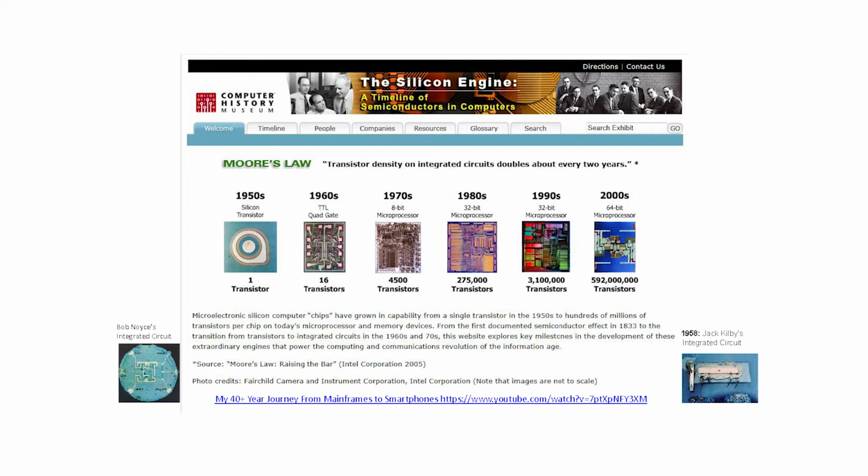I got this slide from the Computer History Museum, and what they failed to show were two important points in time. The invention of the integrated circuit, which sort of happened almost simultaneously with Bob Noyce at Intel and Jack Kilby at Texas Instruments. And again, I was very lucky to interact with Jack Kilby when I was part of Texas Instruments.